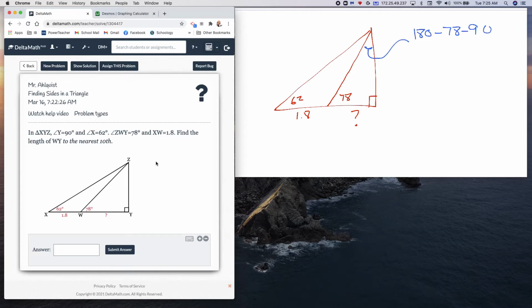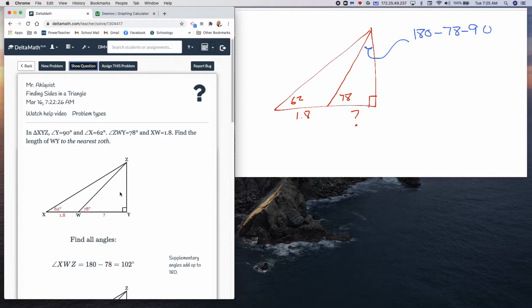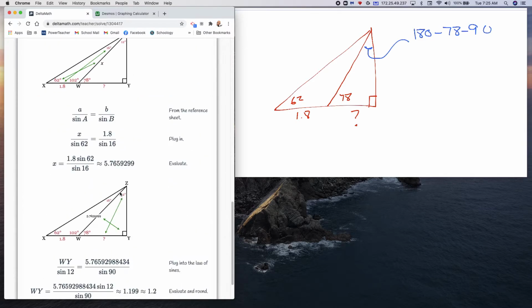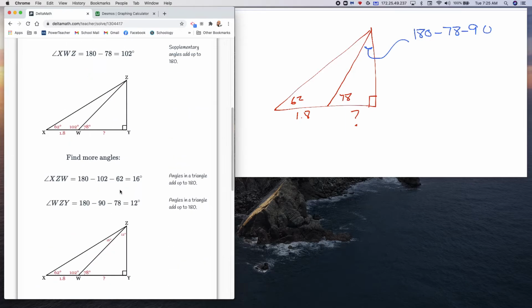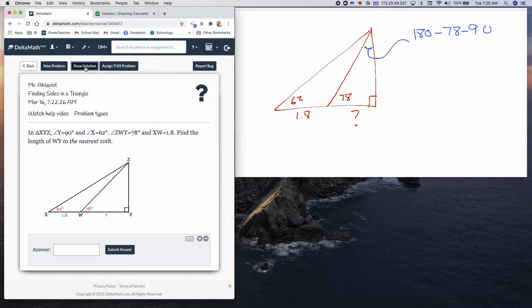The other thing that you should look for is, wow, if I was in this situation where I knew, if I could find out this angle, so let's say I just find this missing angle that I have right here.